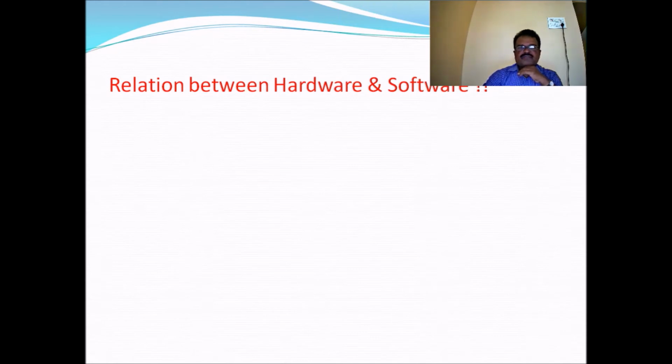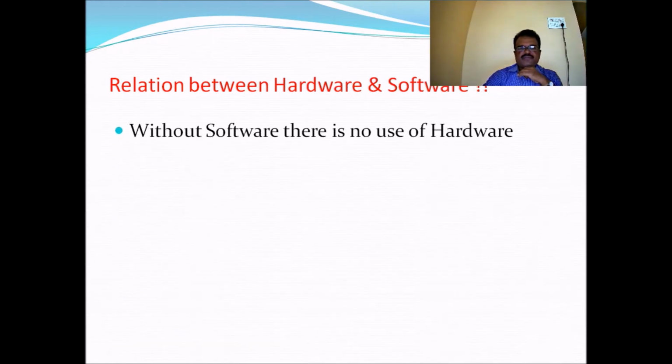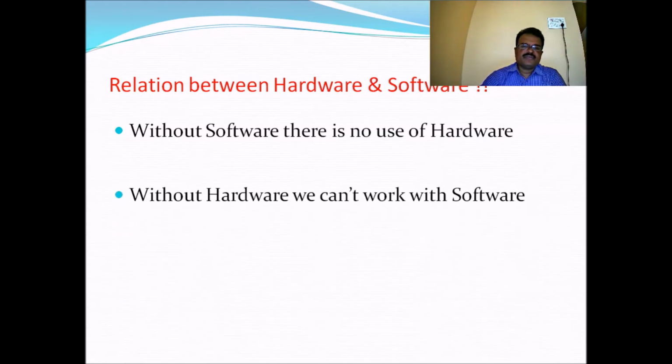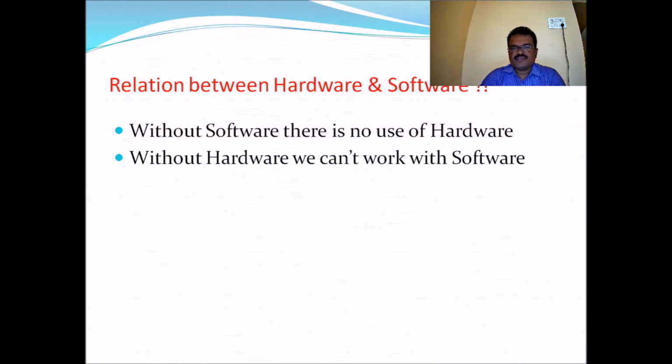The relation between hardware and software, we can say like this. Without software, there is no use of hardware. So meaning of this is when we purchase hardware, the computer without any software in it, so there is no use of the hardware. So without software, there is no use of hardware. And now without hardware, we cannot work with the software.